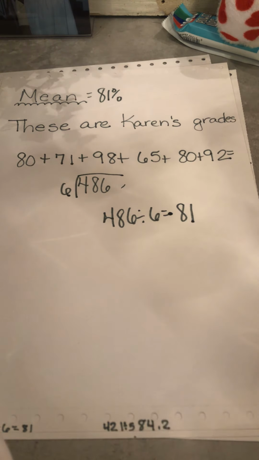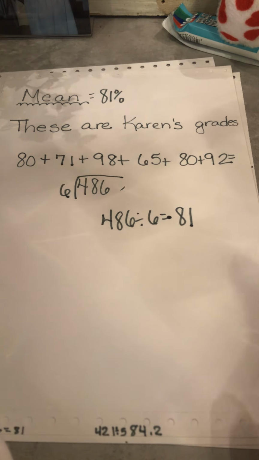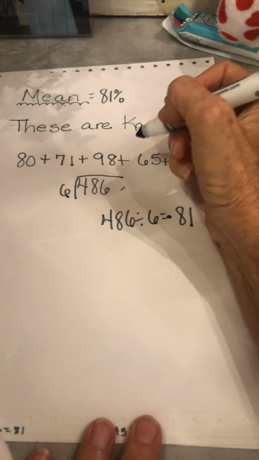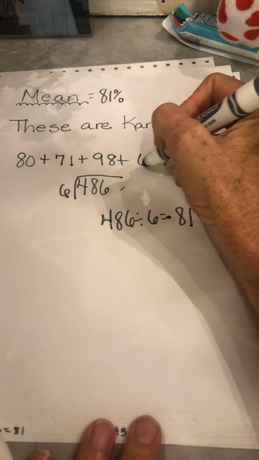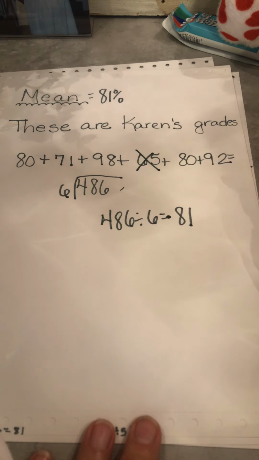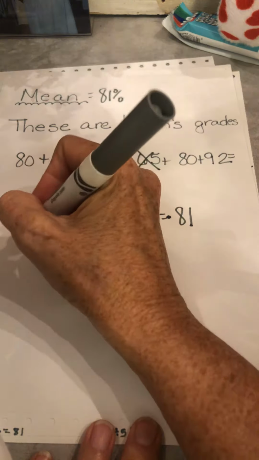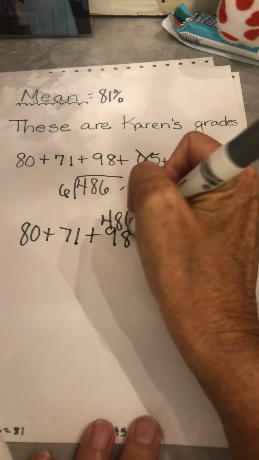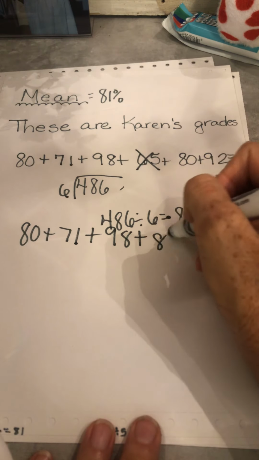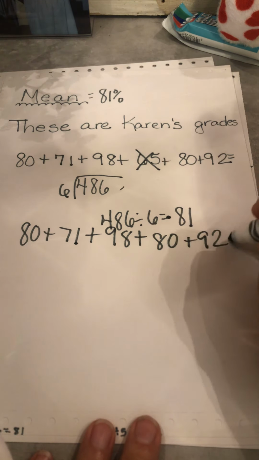All right. But the teacher is so kind and said, listen, everybody, I'm going to let you drop your lowest grade. Whatever your lowest grade is, let's drop it. So when we look at Karen's grades, her lowest is this one. So we're going to drop it. Now I need to say 80 plus 71 plus 98 plus 80 plus 92.